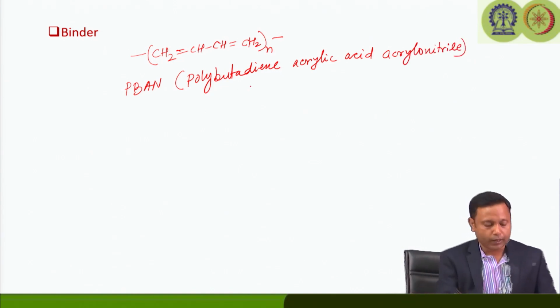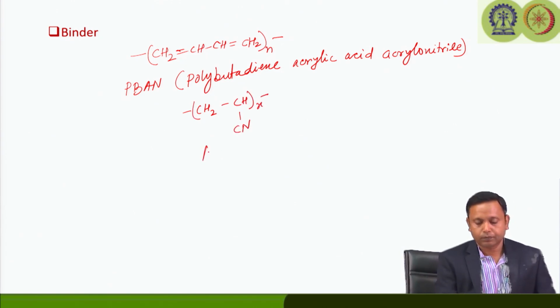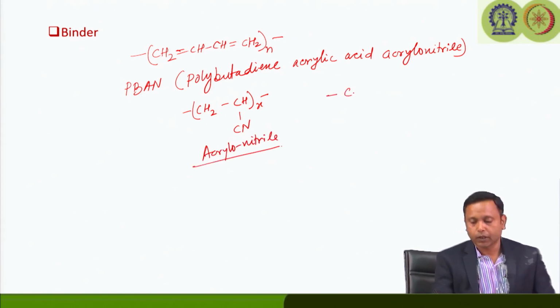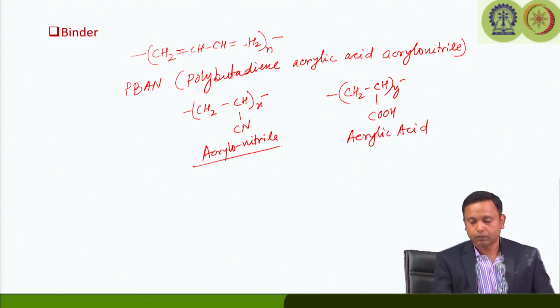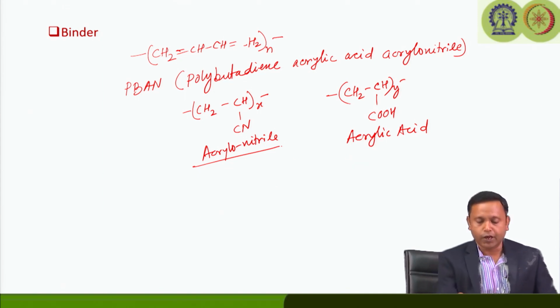The acrylonitrile group will be like CH2 CH. So, carboxyl and nitrile groups get attached to the butadiene chain to form a highly cross linked chain network.